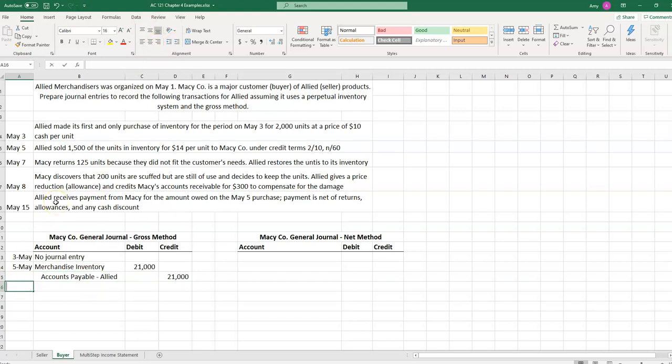On May 7th, we return 125 units. So we have less accounts payable and we have less merchandise.